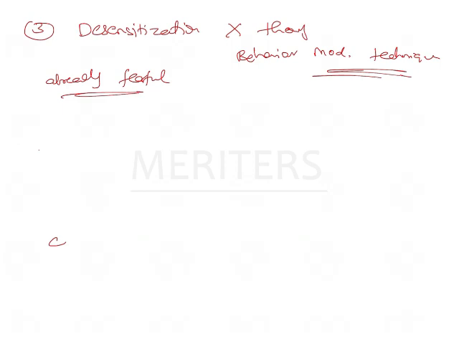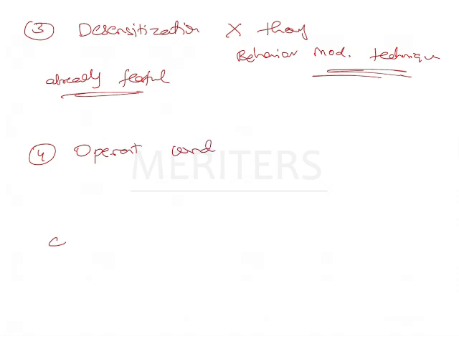So what we do is we try to progressively increase the threatening stimulus or the fearful stimulus for the patient. We don't bombard him with the fearful stimulus in one go. We slightly increase it. First we introduce him to something that is non-threatening, and then slowly we introduce him to a slightly more threatening stimulus that he's fearful of. So we try to wean him off his fear. That is desensitization.